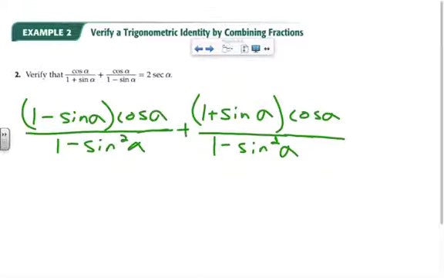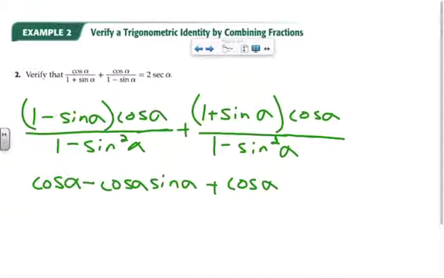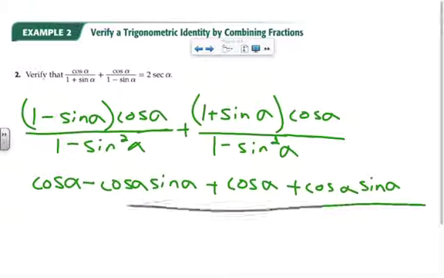So that's going to be cosine of alpha minus cosine alpha sine alpha plus cosine alpha plus cosine alpha sine of alpha all over, and I'm trying to get this to equal the right-hand side. Well, I have it over 1 minus sine squared of theta.